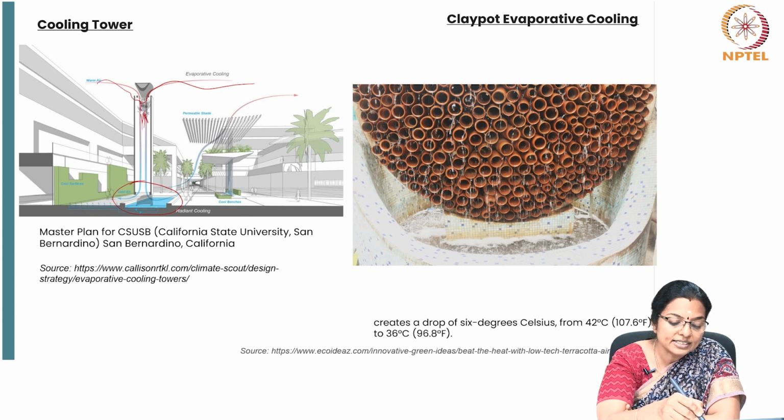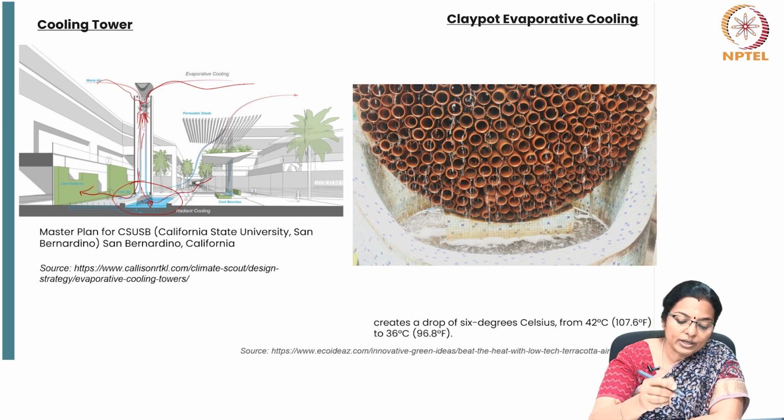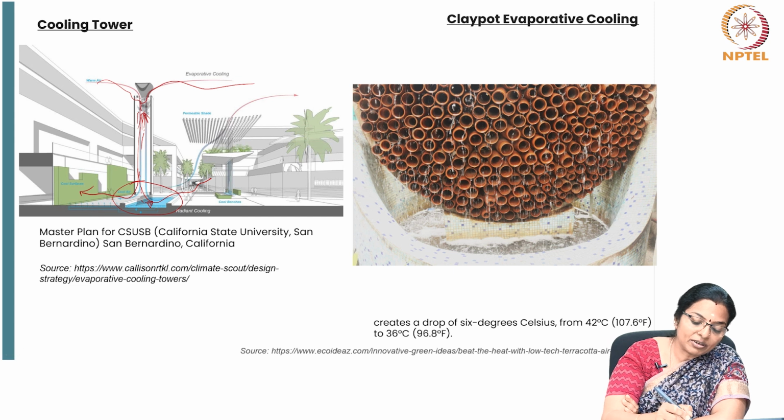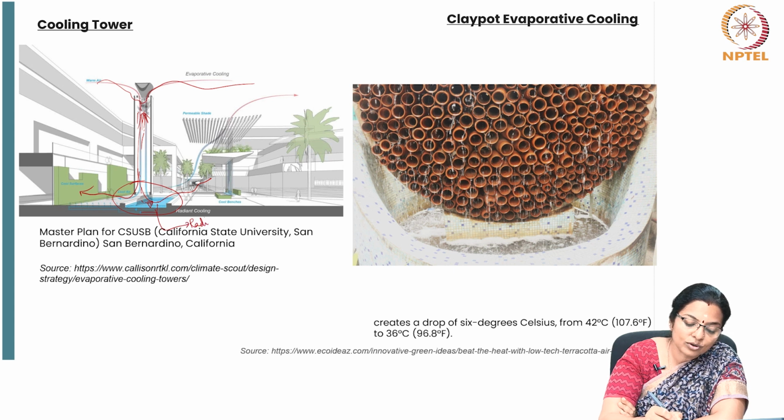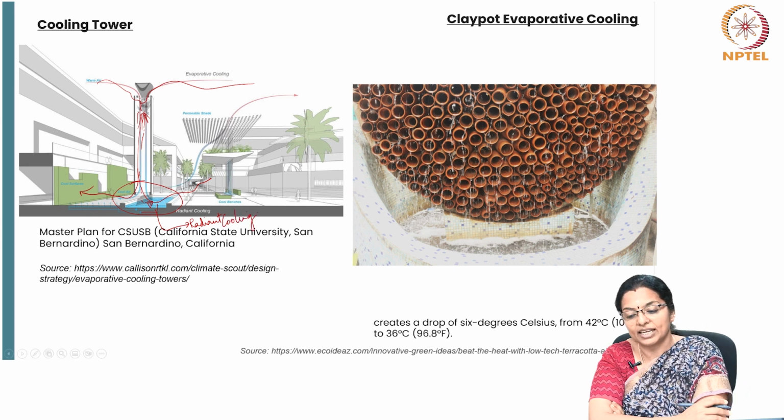There are micronizers, but then that drips and falls and gets connected to a water body below. The breeze flows out. You can notice here, but we will be looking at it in greater detail later, that there are these tubes which are called radiant floor cooling, which we will be looking at as an advanced passive technique in another class.